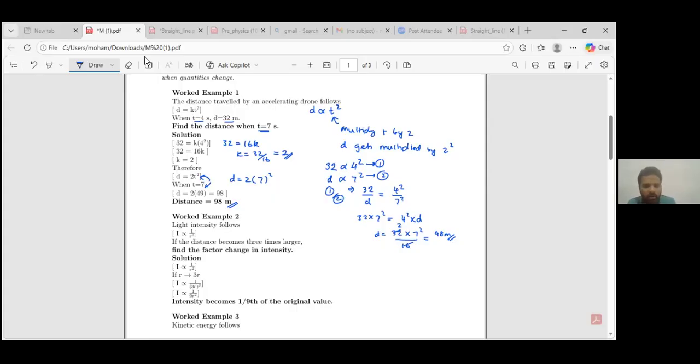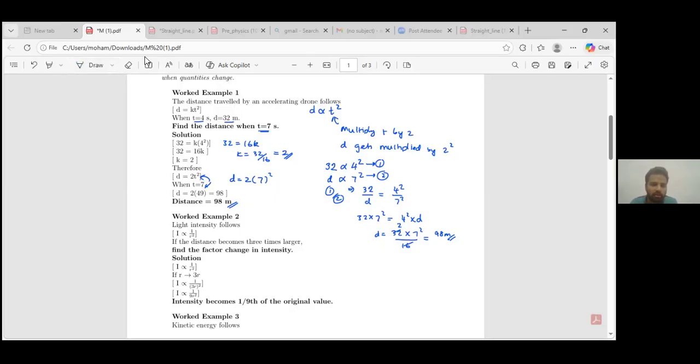I have already told you that when we started the discussion. You multiply one of the quantities by a certain value, and the other quantity gets multiplied or divided according to the relationship. So you can see the second worked example.